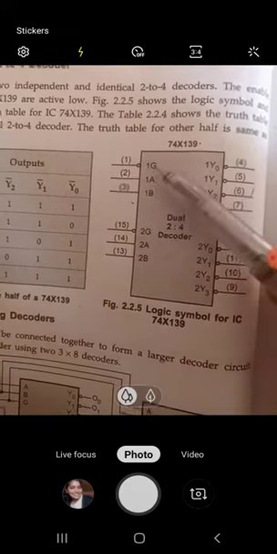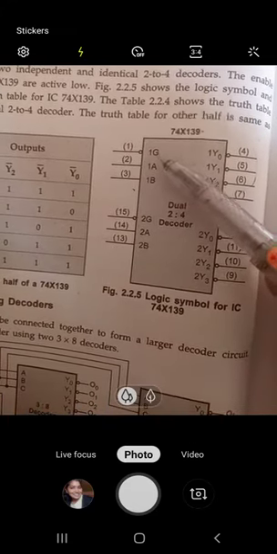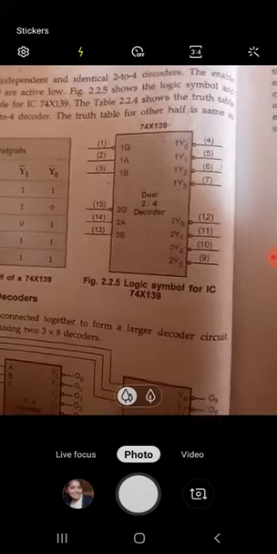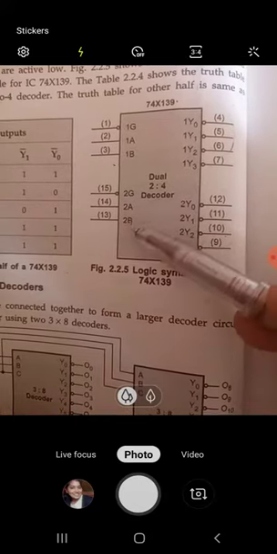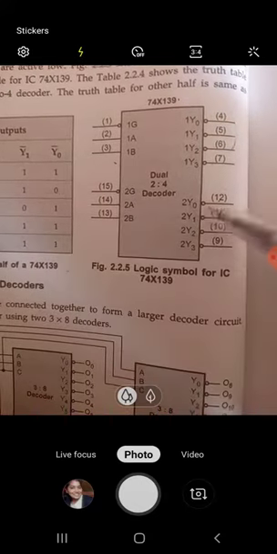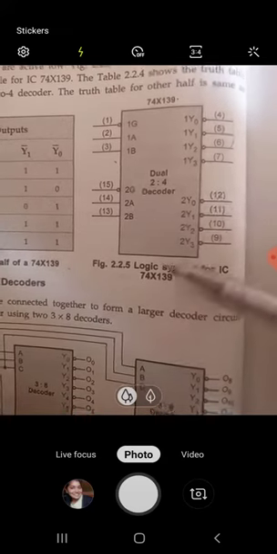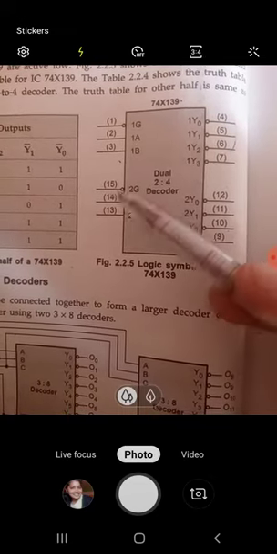Similarly, 1G is the select line or enable input for your first decoder. Similarly here, 2A, 2B are the inputs of the second decoder, 2y0, 2y1, 2y2, 2y3 are the outputs of the second decoder, and 2G is the enable input of your second decoder.